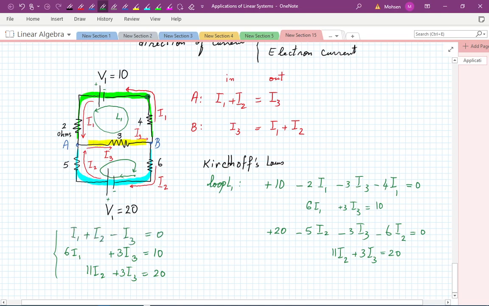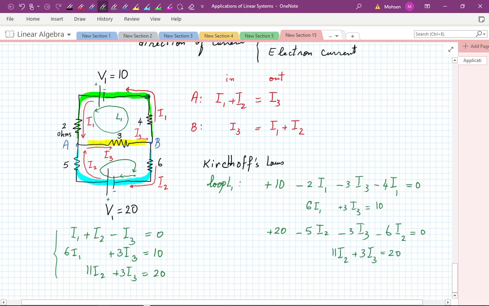We have nodes. From a node to another node, on any of the branches, the same current applies. As we go on these things, we choose a point and then loop around a loop and write an algebraic sum. As we go across a battery from negative to positive in the direction of the looping that we go, we add the strength of the battery.